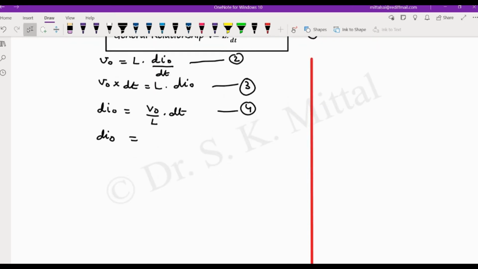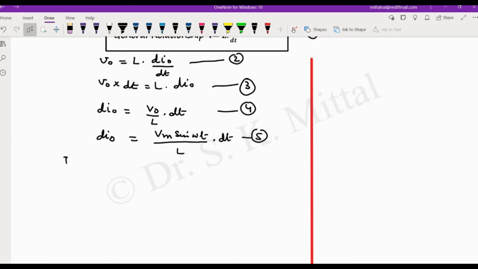So in place of V0, we will put Vm sin omega t divided by L into dt. Now, since we have to calculate the value of output current, equation 5 can be integrated both sides.